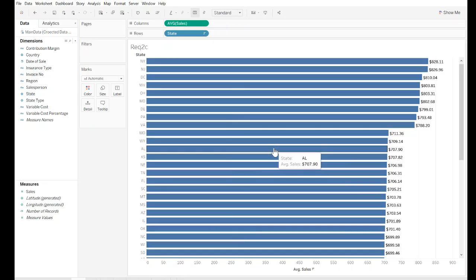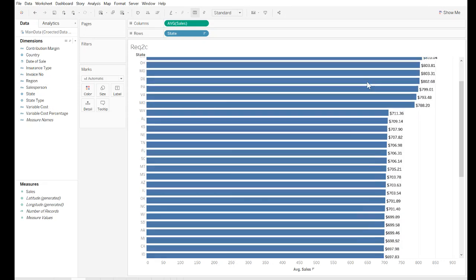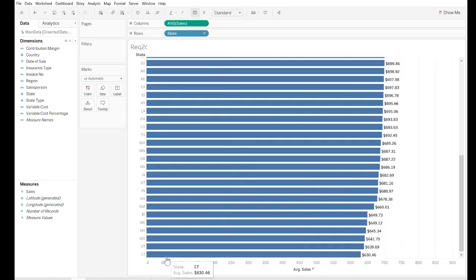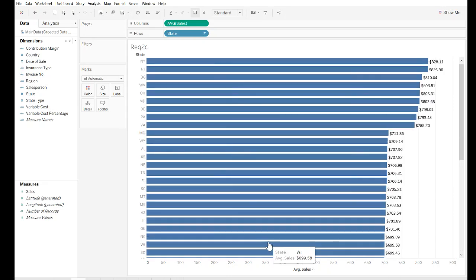Requirement 2C asks what is the average amount of insurance sold per state. The highest average amount is from New York with $828.11, and the lowest average sales is from Connecticut with $630.46. Pretty self-explanatory. Going through the graph, there looks like a sharp fall off between Pennsylvania and Virginia.